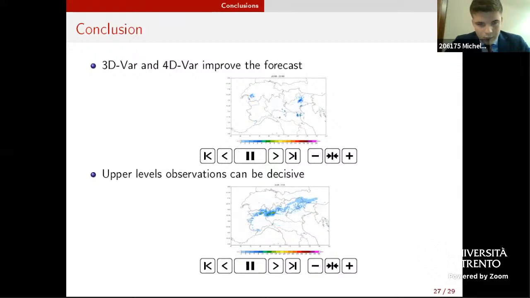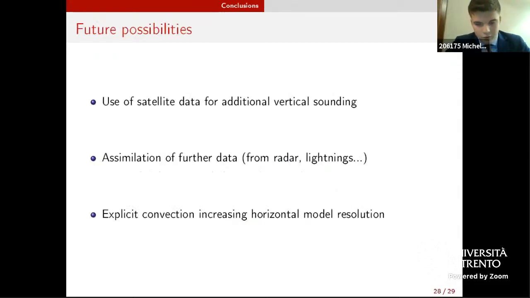And so thinking about the future possibilities, it would be interesting to use hourly available satellite data to improve the 3D structure of the atmosphere at the start time for the forecast, but also it would be interesting to use further data, for example, radar reflectivity data or lightning data.